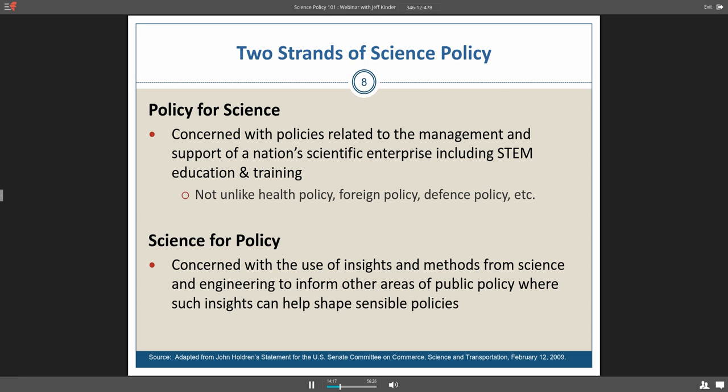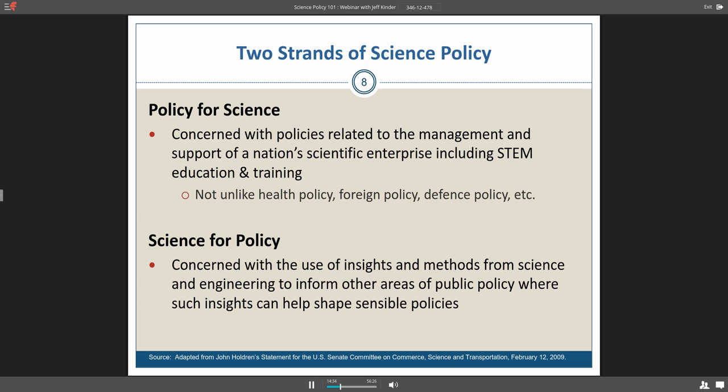And in this way, it's not unlike other areas of policy where, whether it be health policy, foreign policy, or defense policy, the government has a policy towards that endeavor or that activity or that community within the society.